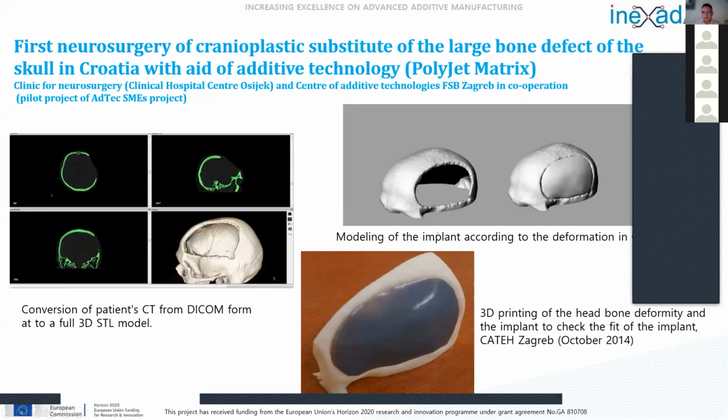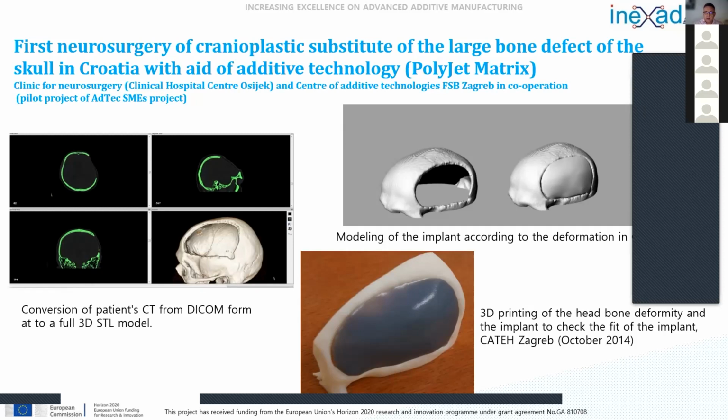Okay, the process flow was similar, like you already saw in a few slides from my colleagues today. They showed you maybe a few times this data chain and all the activities. So here we produce just a part of the skull and the shape of the implant by PolyJet technology.